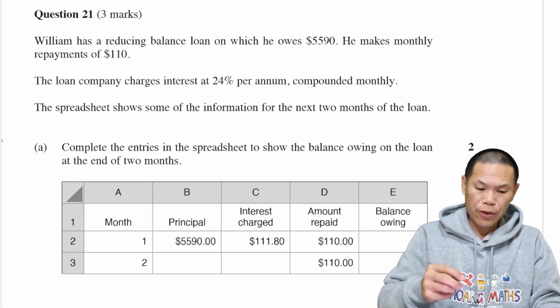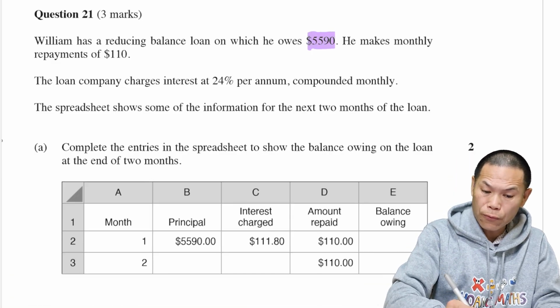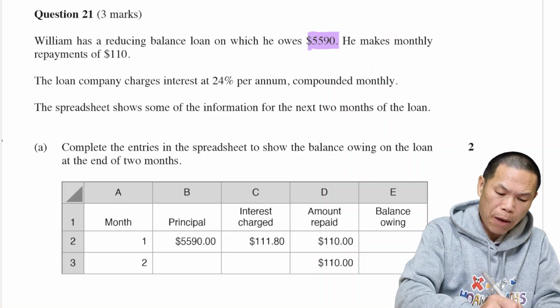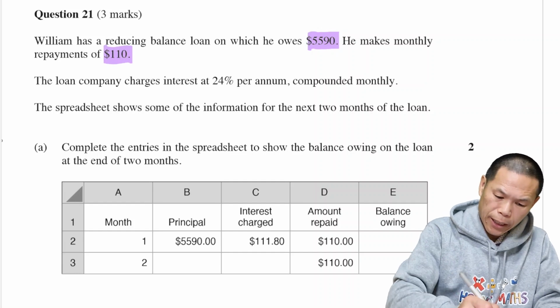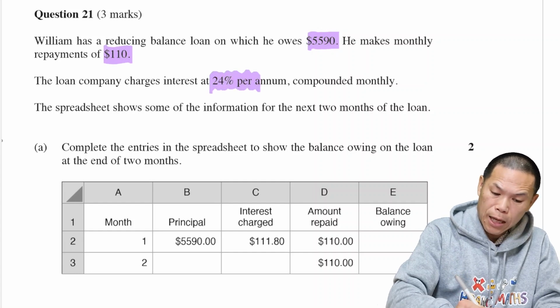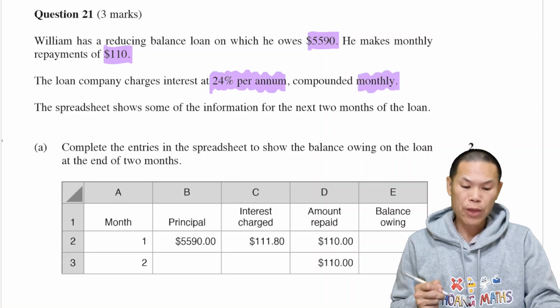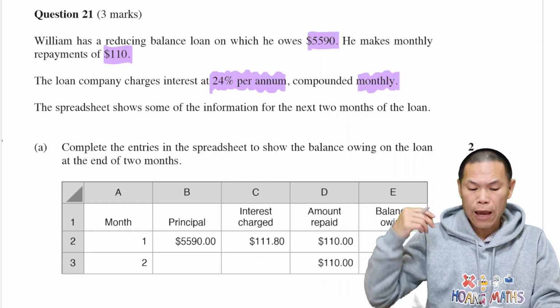Question 21. First of all, we know that William owed $5,590 and his monthly repayment is this. And the interest rate is 24% per annum but compounded monthly. So keep that in mind. And that means William pays interest every month.